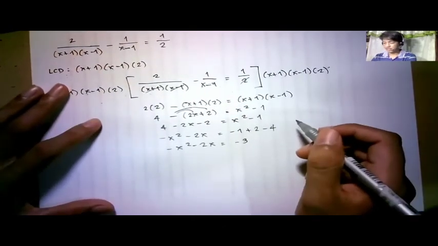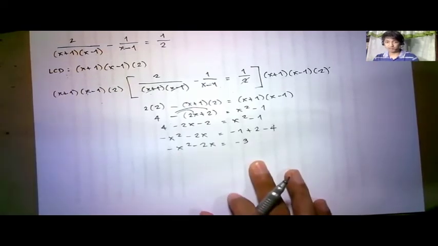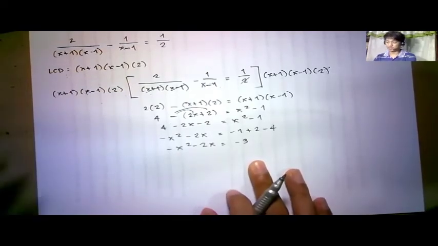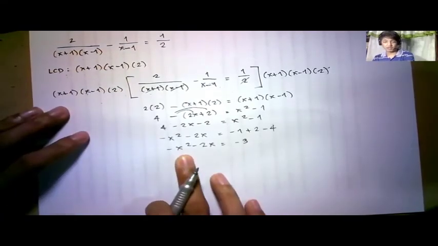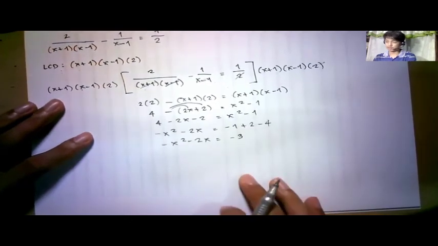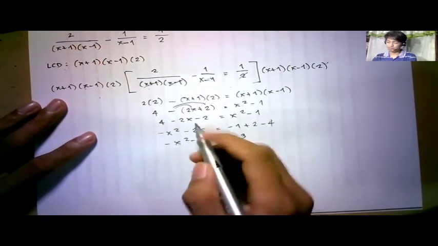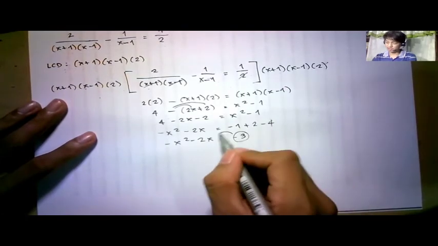Since we cannot solve for the value of x alone, as you can notice, we have an x squared here. So we have a clue that we are going to transform this into a quadratic equation. In order for us to do that, we need to transpose negative 3 to the other side.